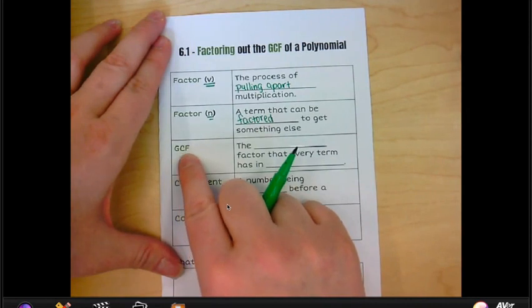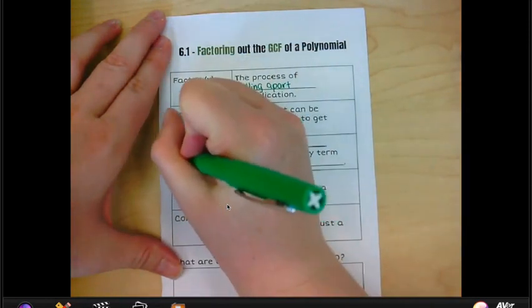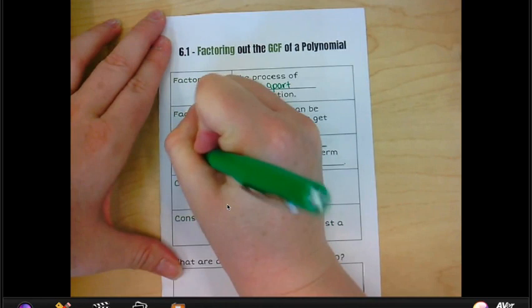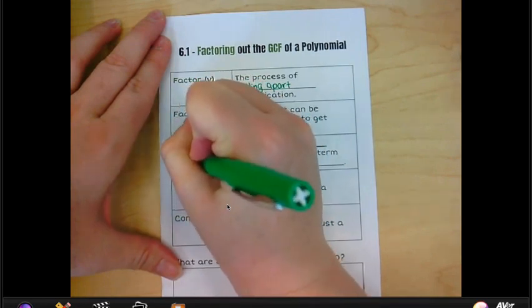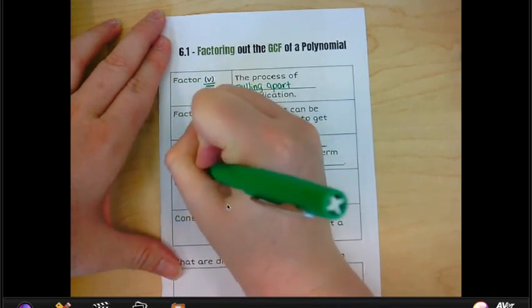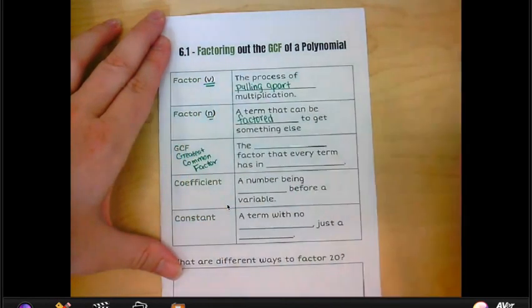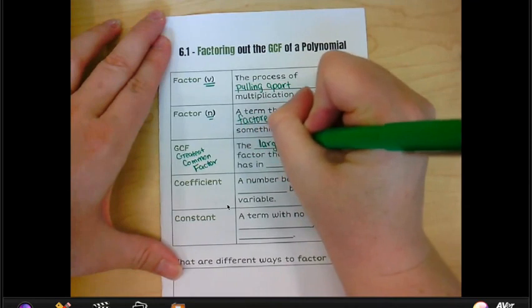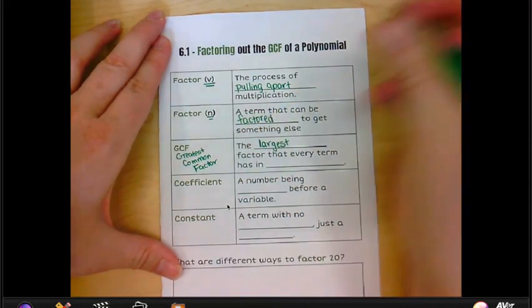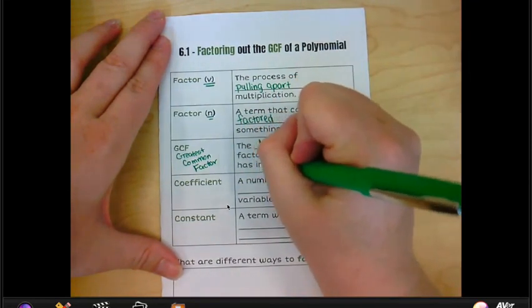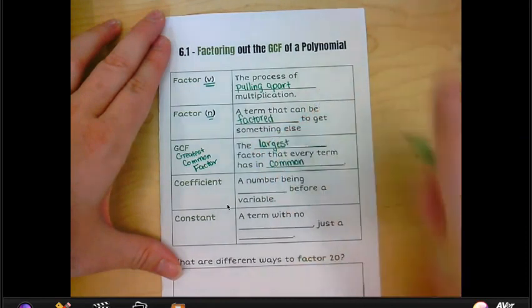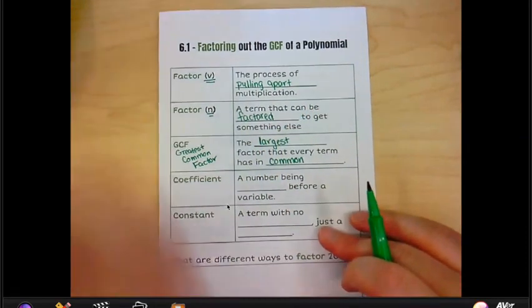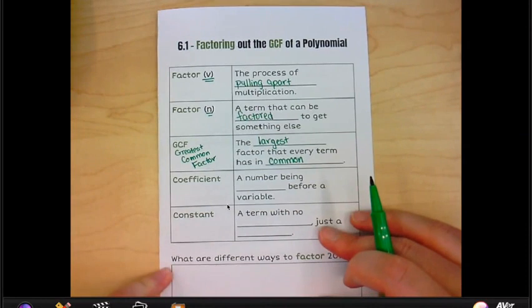This term GCF should be familiar. This is the greatest common factor, and it is the largest factor that every term has in common. So we have to look at every term in an expression and make sure they all have that in common for our greatest common factor.